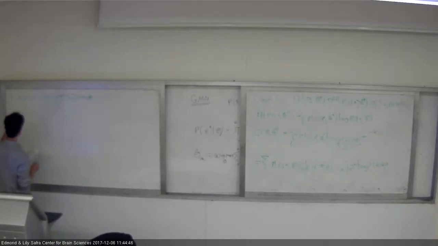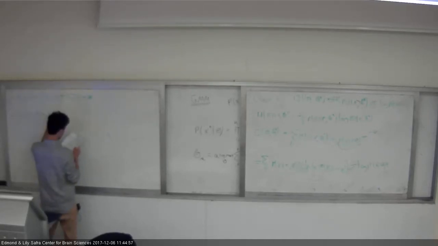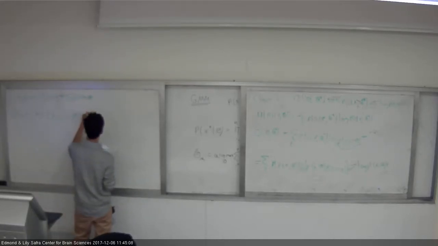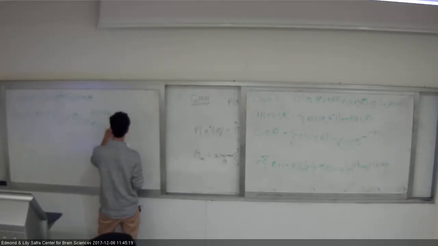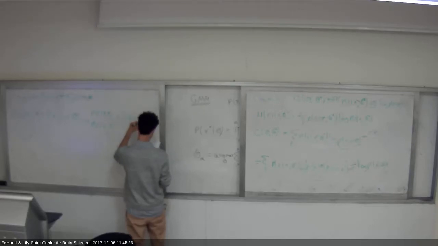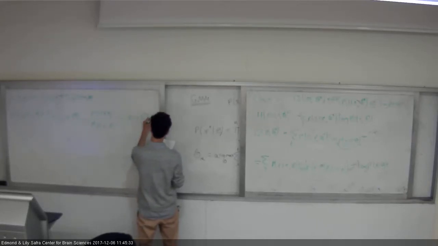So I get that it's equal to log of p of x given theta, plus the sum over all the z, p of z given x and theta hat at time t, log of p of z given x and theta divided by p of z given x and theta hat, plus the sum over z, p of z given x and theta hat, log of p of z given x and theta hat.